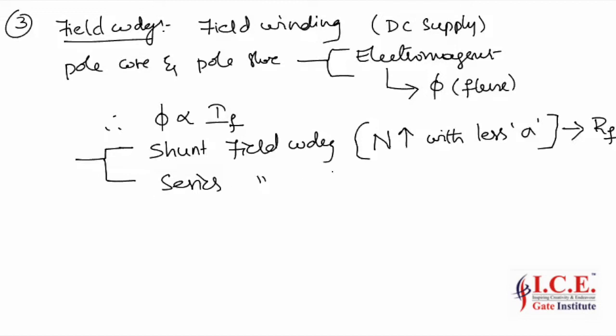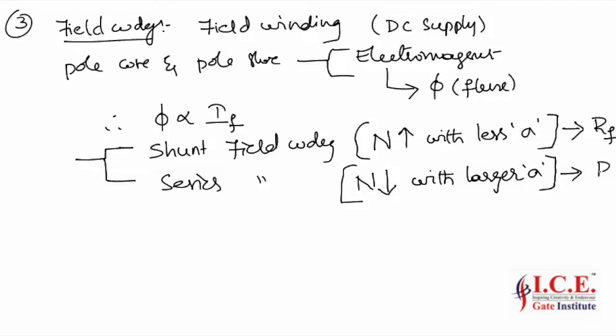For the series field winding, the number of turns must be small with larger cross sectional area, so that the resistance of the series field winding is very small.